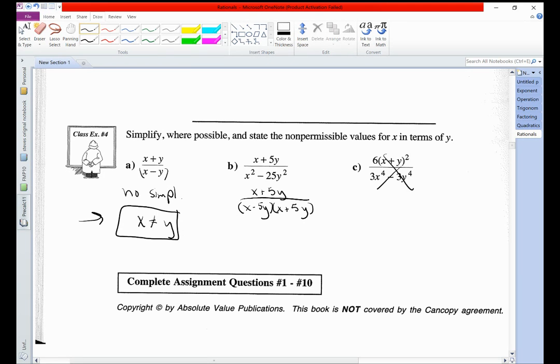And now we can say x cannot equal positive or negative 5y. And then we can reduce, and we get 1 over x minus 5y. So it's kind of the same idea here as we did over here.